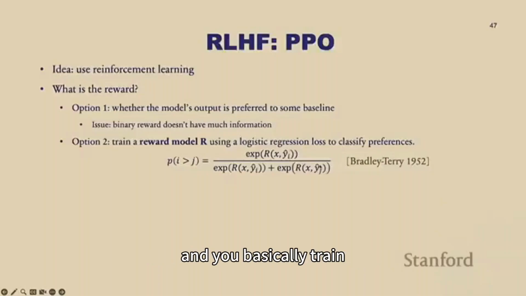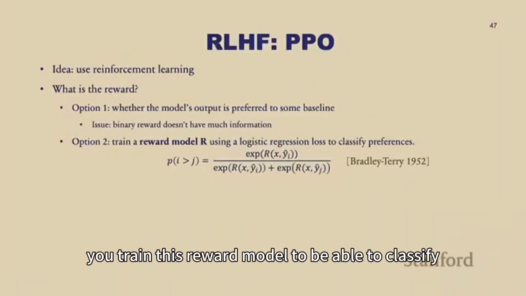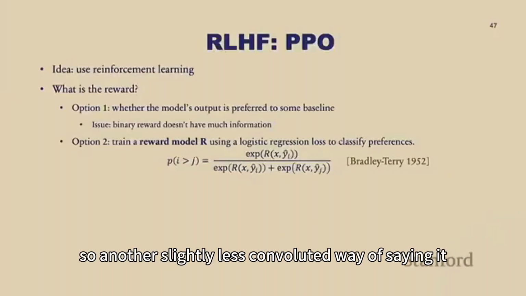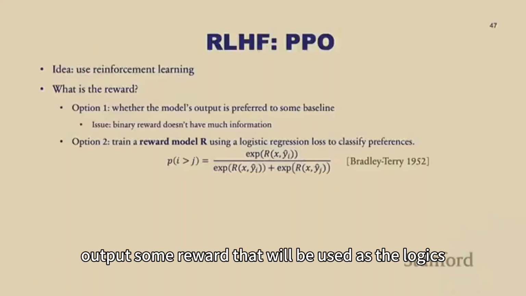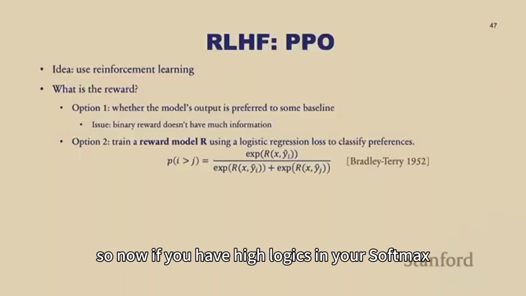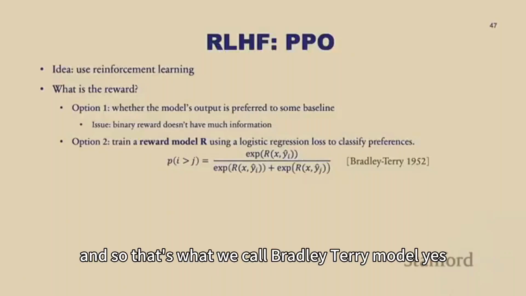The reason you do that is that you train this reward model to be able to classify how much better one output is than another. Another slightly less convoluted way of saying it is that your reward model will output some reward that will be used as the logits of your softmax. So if you have high logits in your softmax, it means that this output is highly likely to be better. That's what we call the Bradley-Terry model.